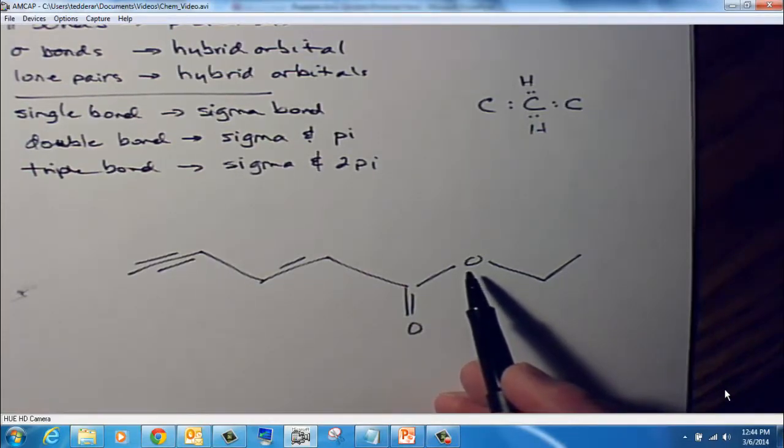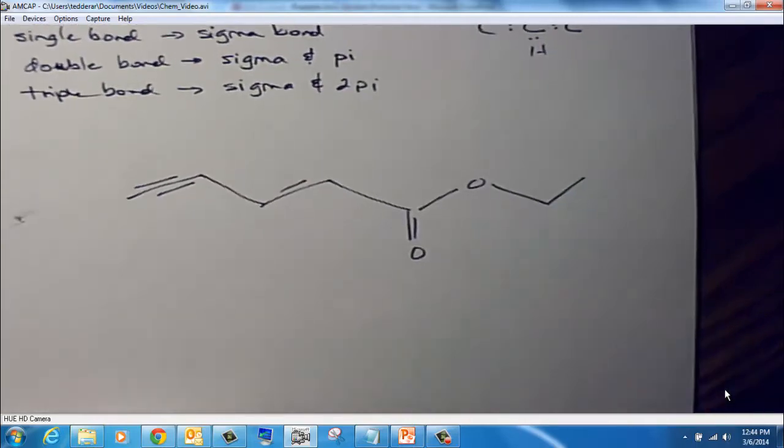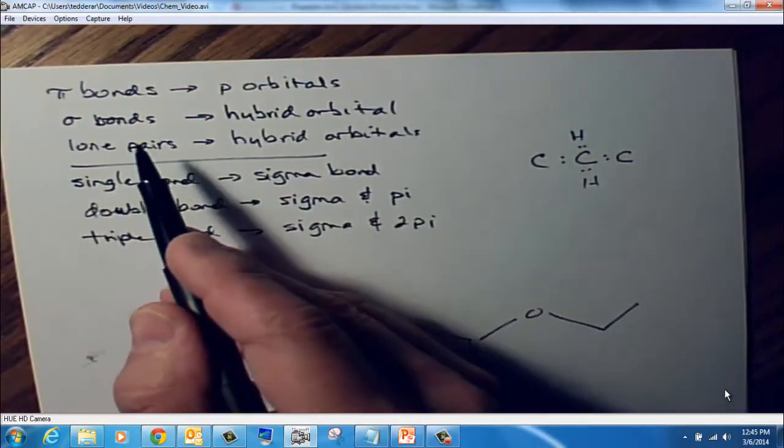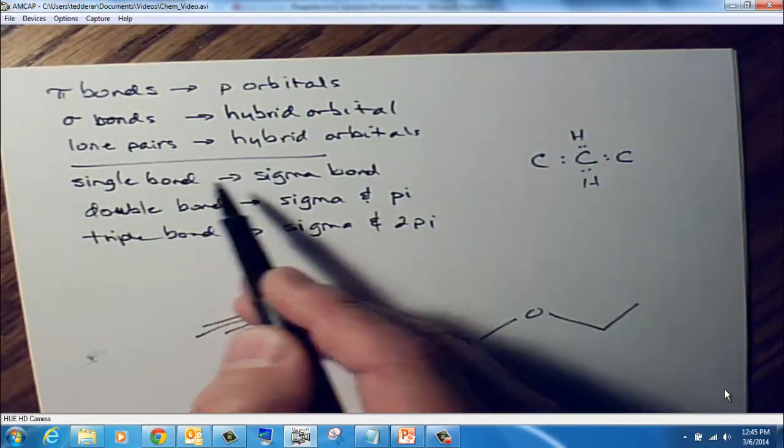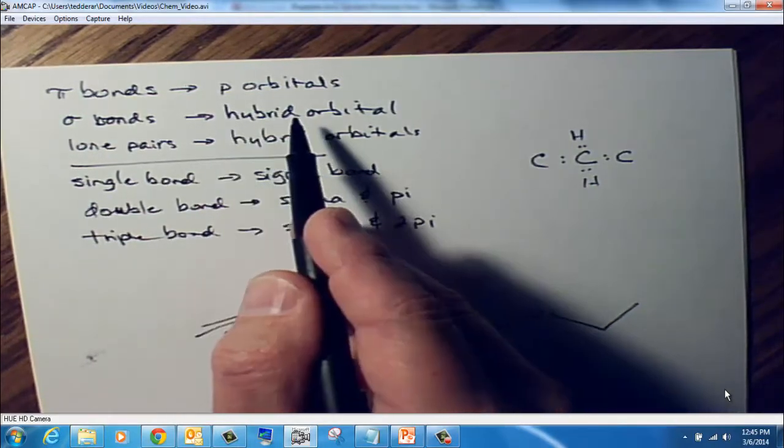All right. How about this oxygen here? How many sigma bonds are there? 2 sigma bonds. Are there any pi bonds? No pi bonds. Are there any lone pairs? How many lone pairs are there? 2. Oxygen had 6 valence electrons. We shared 2 electrons with carbons to make this bond. So there are 2 lone pairs and 2 single bonds, and single bonds come from hybrid orbitals.